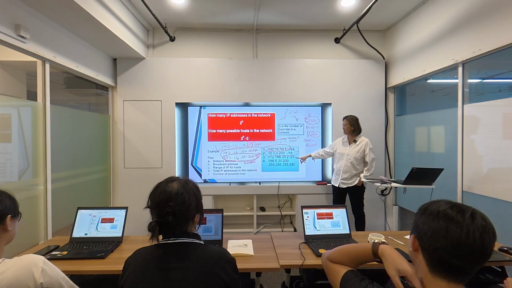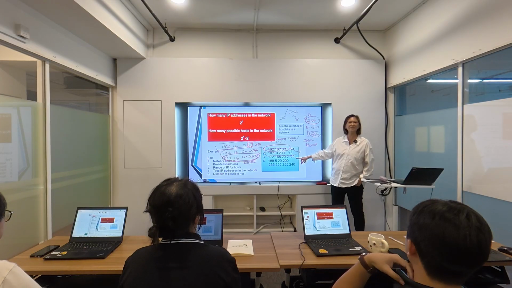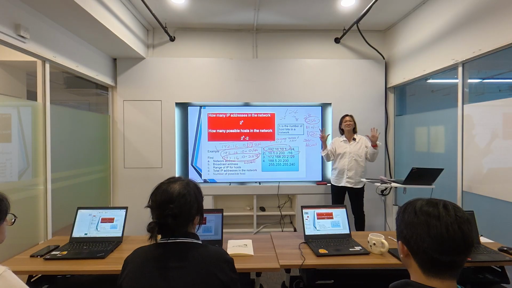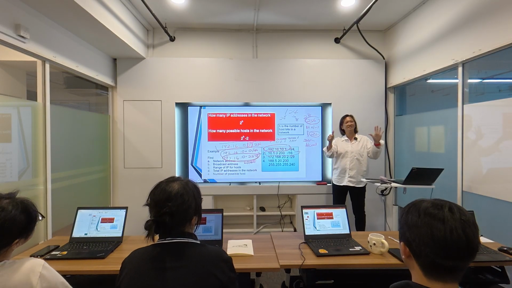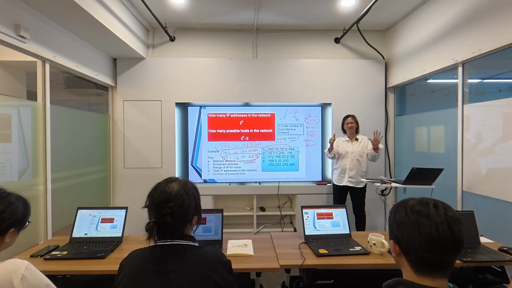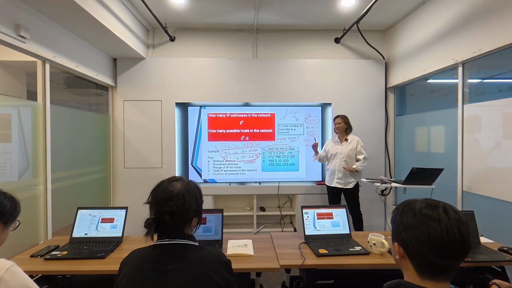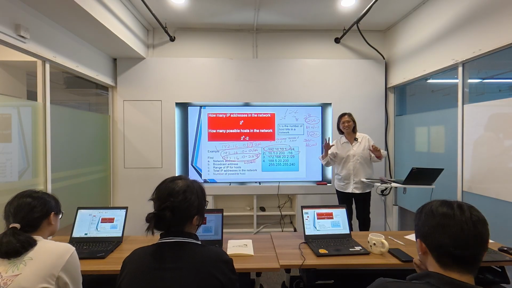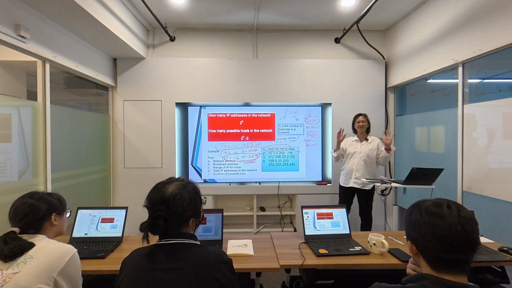Why? Because the host bits are fewer. So for /29, your host bit is only 3, so you have 2 to the power 3, 8 total IPs, 6 usable node IPs. If you see a /30, and you always see /30, especially when you look at network topology, how many total IPs?